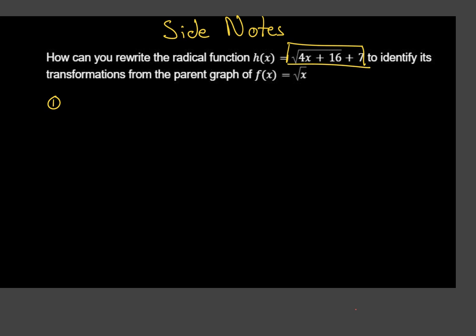So what would be happening here is we would take our x values, we would subtract 16, so it appears like it's shifting 16 to the left, and then we would divide by 4. If I break that down farther, it would be x divided by 4 minus 16 divided by 4, which is 4.